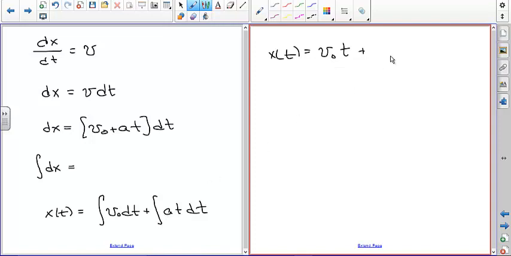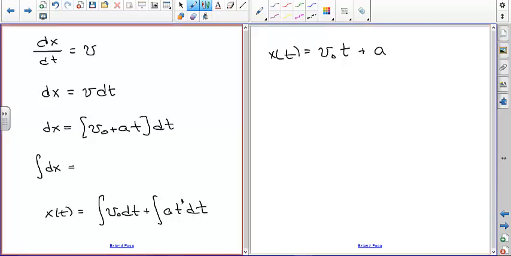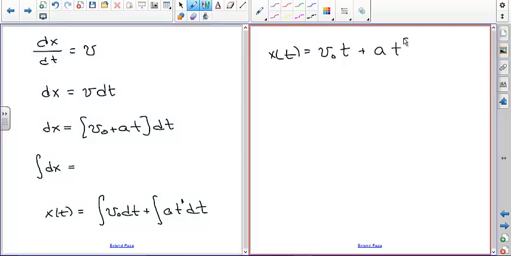In the second integral, I have my constant a, and then I have the integral of t dt. Well, this is a polynomial with an exponent of 1. So when I integrate it, I add 1 to my exponent, and I divide by the new exponent. And then I add my arbitrary constant c again, which is a different arbitrary constant than I used before, but we tend to use it all the time, no matter what.